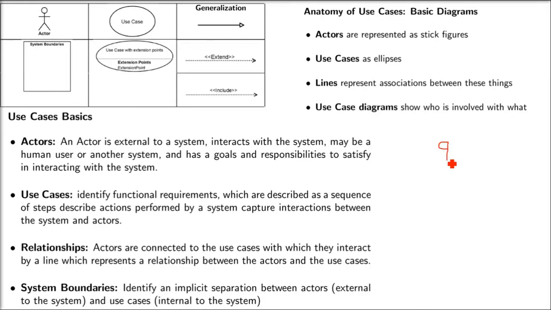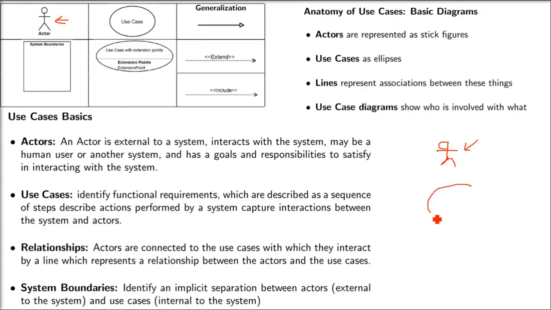No, he can be a human, a man, but this actor can also be another system, like the database, like some layer in the network stack, like anything else which a system is interacting with, right? So the actor, who is going to interact with the system, we represent by a stick figure in human form.